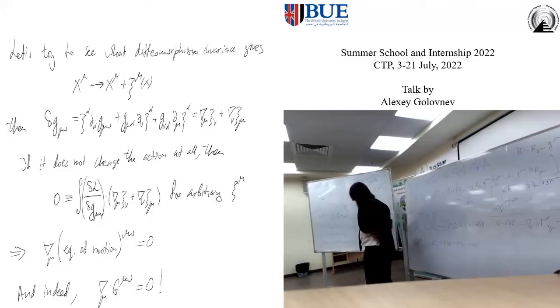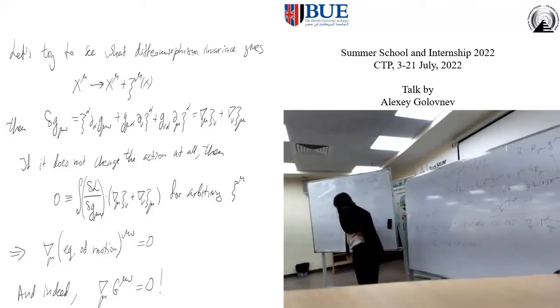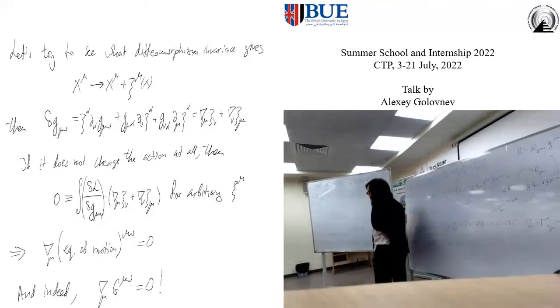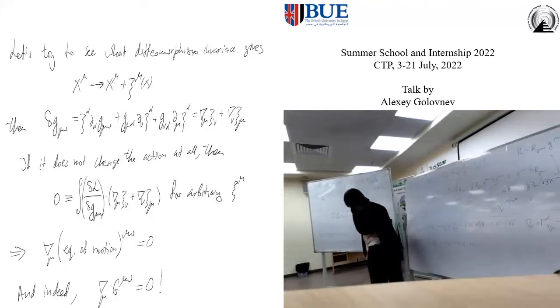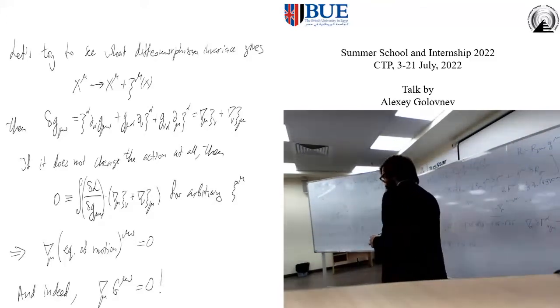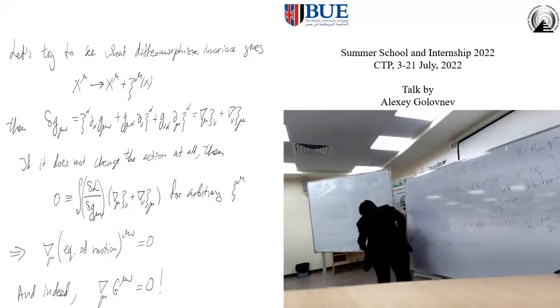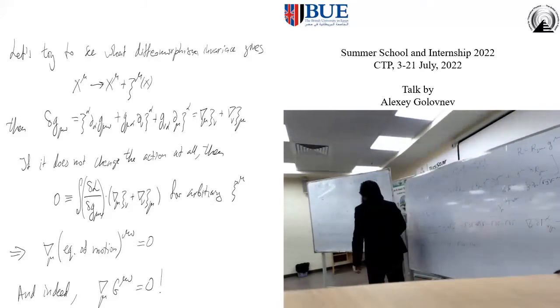And of course, you can guess that you might try to change the partial derivatives for the covariant derivatives by transforming this term to the connection coefficients multiplied by psi. I'm not going to do it explicitly, but then you can prove that this thing is like that, just the covariant derivatives here, and this term just serves as two different terms from here.